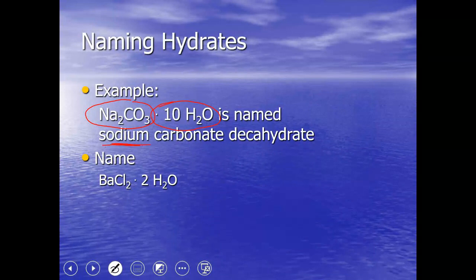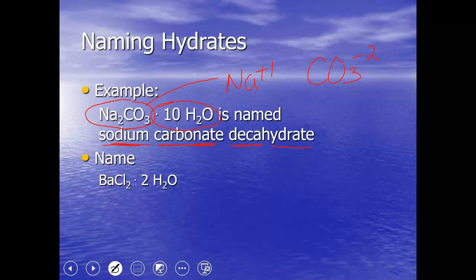That's the sodium ion, and then CO3 minus 2 is the carbonate ion, because this ionic compound is made of sodium ions and carbonate ions. So that is sodium carbonate. And then because there are 10 water molecules, we use the prefix deca and then the word hydrate. So sodium carbonate decahydrate.